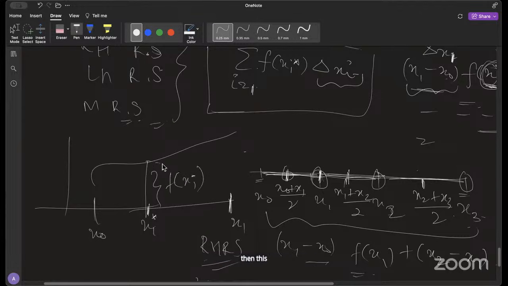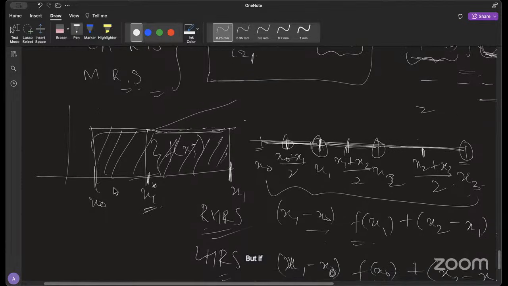Then this would mean this area is this. You've been asked the area of this, but the area that you will find from here using this partition and this point is this.